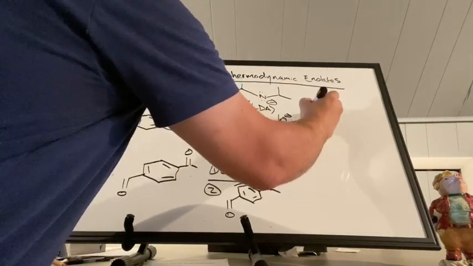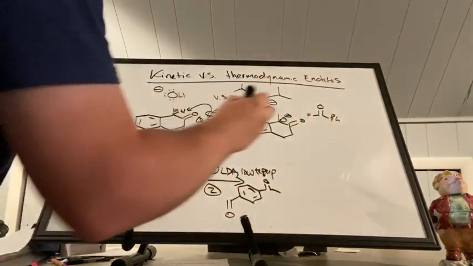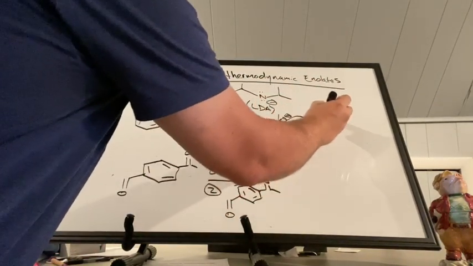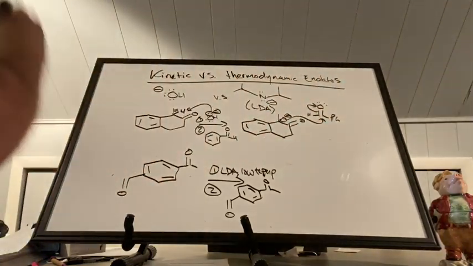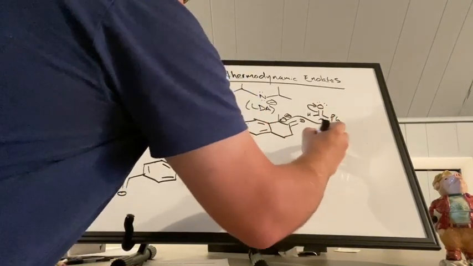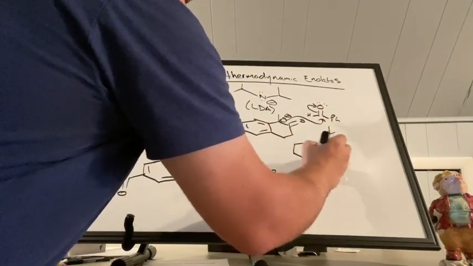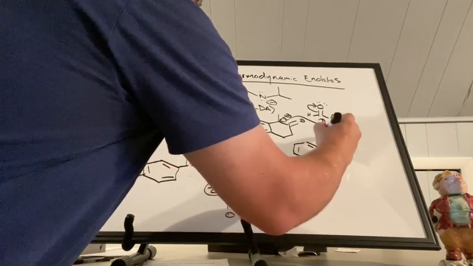I'll just shorthand that as pH. So it comes along, pops up your pi electrons over there to become a third lone pair.